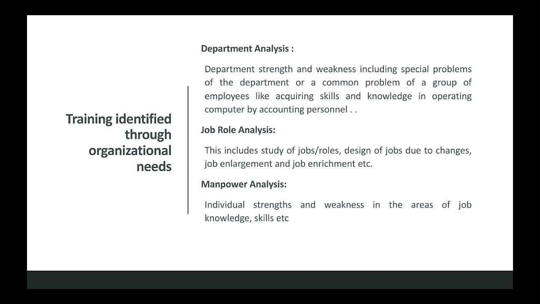Now, whenever we are talking about the departmental analysis, departmental strengths and weaknesses, including special problems specific to that department, will come into the picture. What technical or functional skill and knowledge is required to operate in that department is very important. Say, for example, if you are working as a data entry operator, obviously the basic data entry technical knowledge must be there.